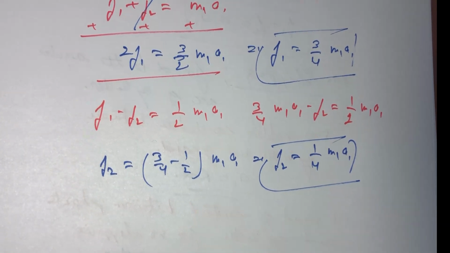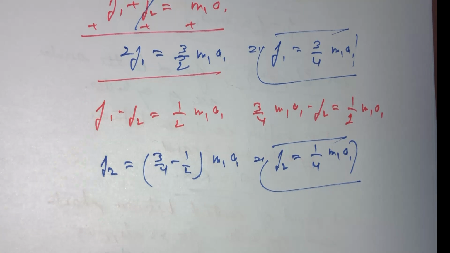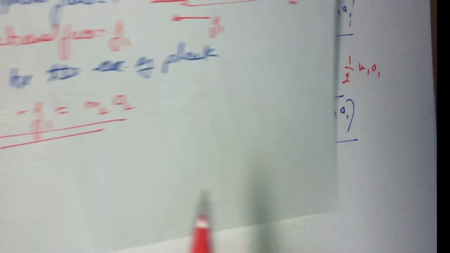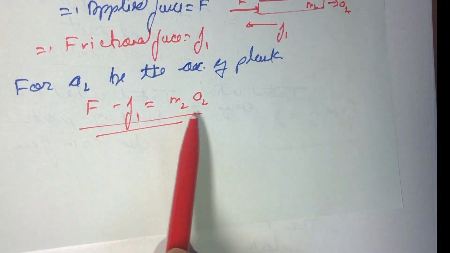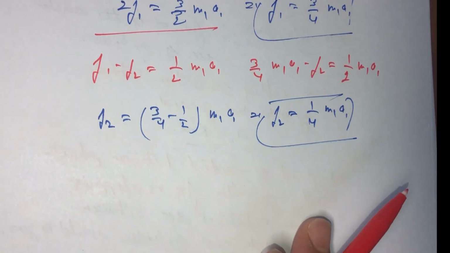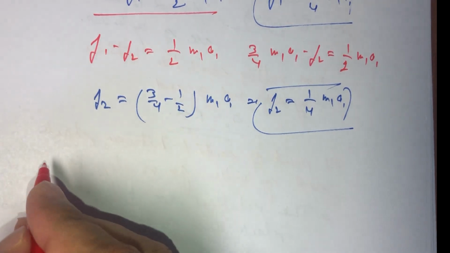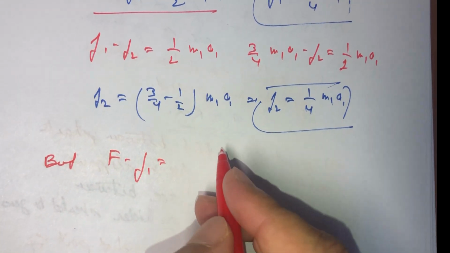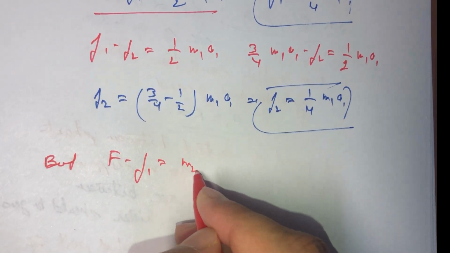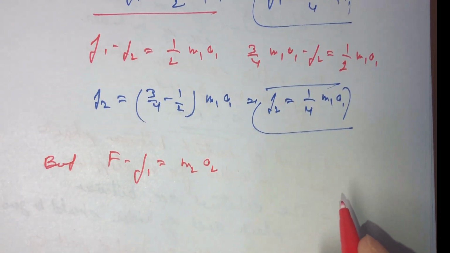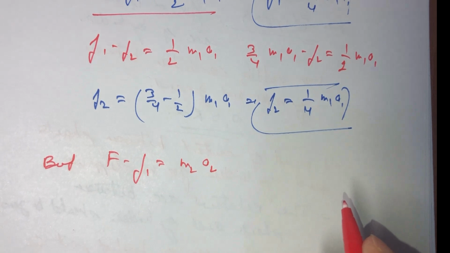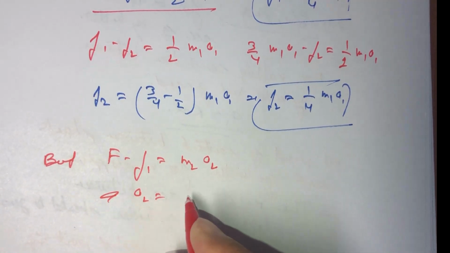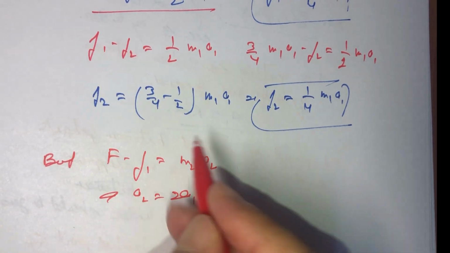Now we are going to find the relationship with respect to applied force F, and we already know the relationship that F minus F1 is equal to m2a2. We also know that a2 is equal to twice of a1.